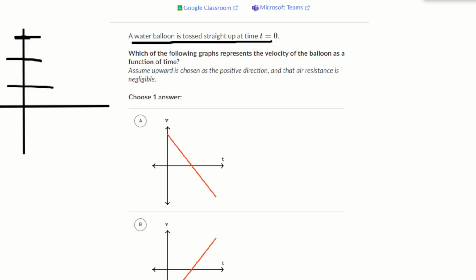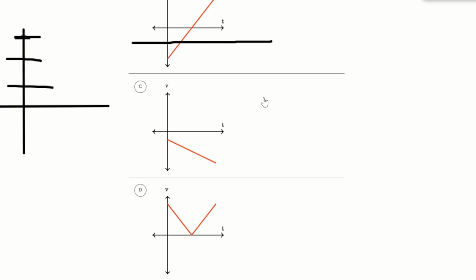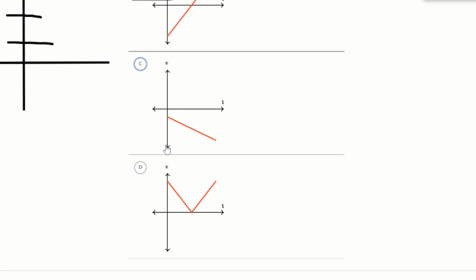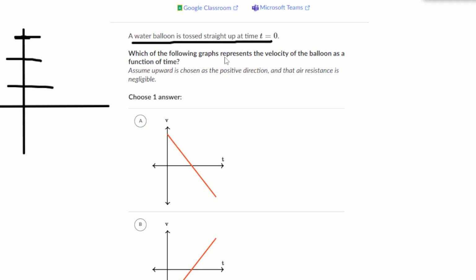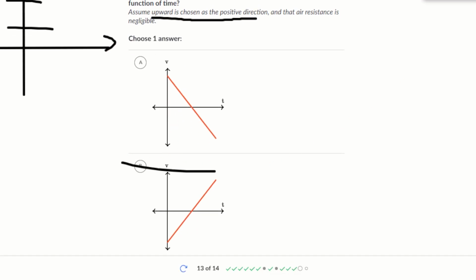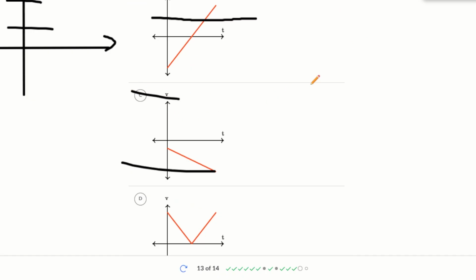So looking at our choice options, we can already cross out, I would say, C and B. Reason being, they start negative and it's tossed straight up. And here we know that upward is chosen as a positive direction, meaning that it has a positive initial velocity, so our choice cannot be B or C.